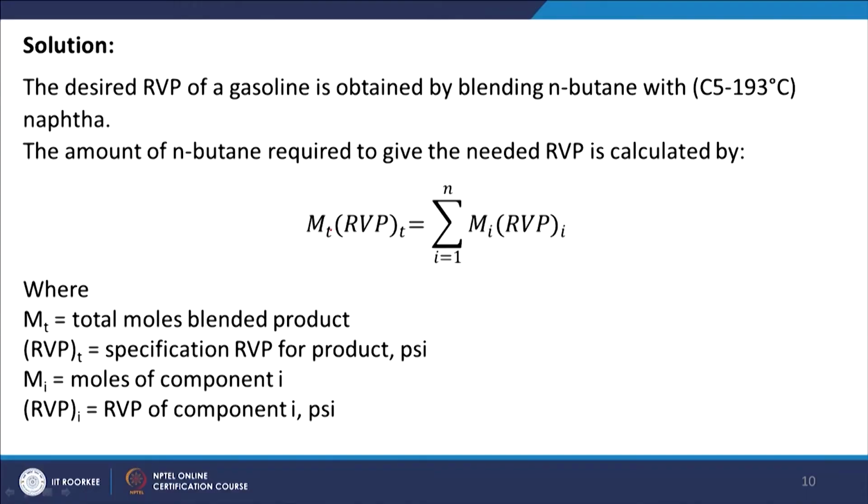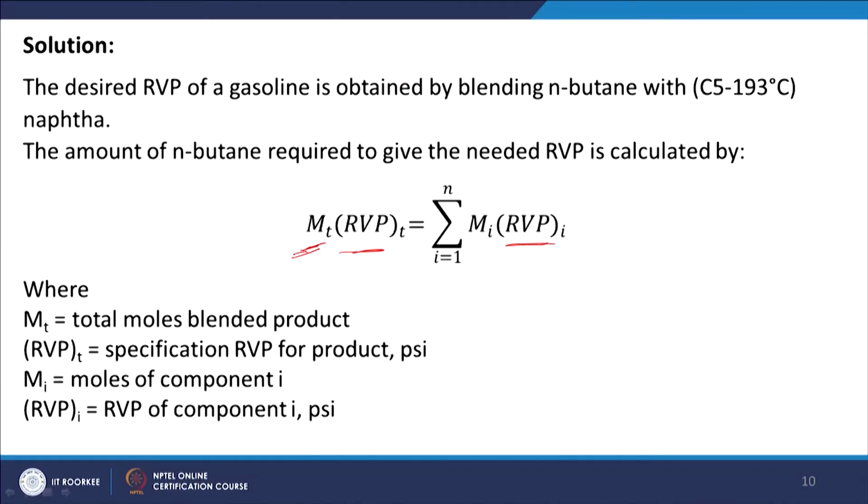So, now in this case we can assume that after mixing, we are getting the total moles of the blend, and the RVP of the total blend. So, that is equal to the individual components which we are getting, their moles and their RVP.